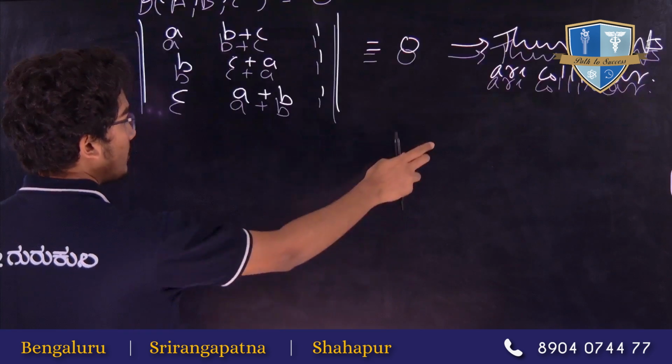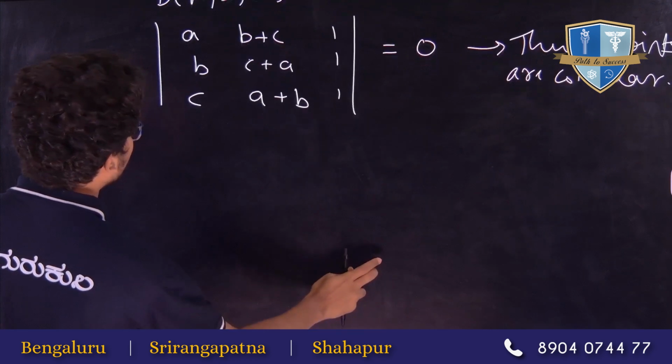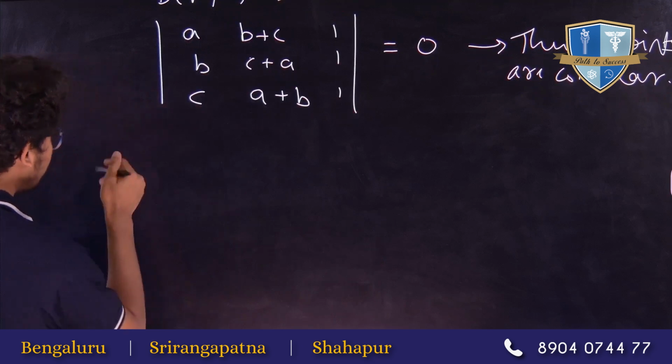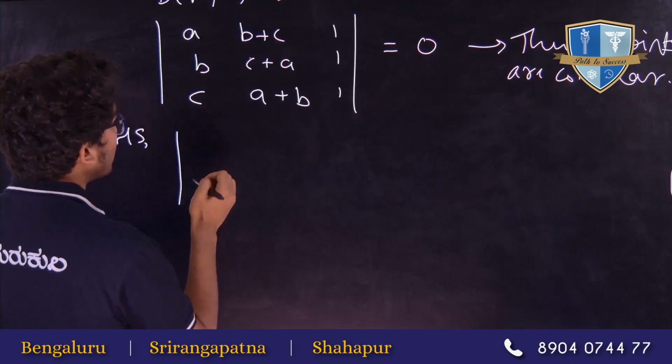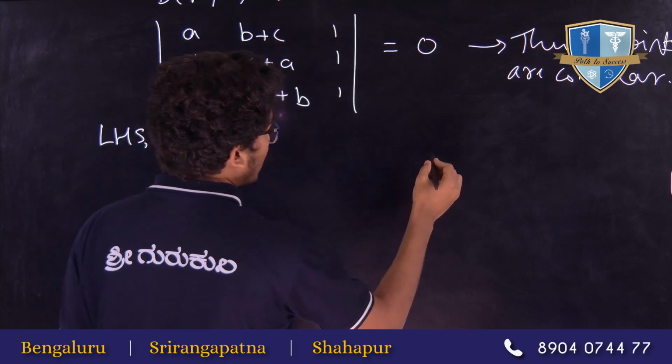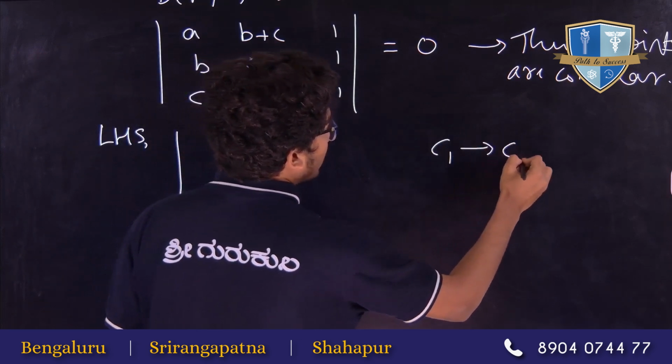So let's see. We have a determinant on the LHS. This is our left hand side. In the LHS, first we will apply column 1 becomes column 1 plus column 2.